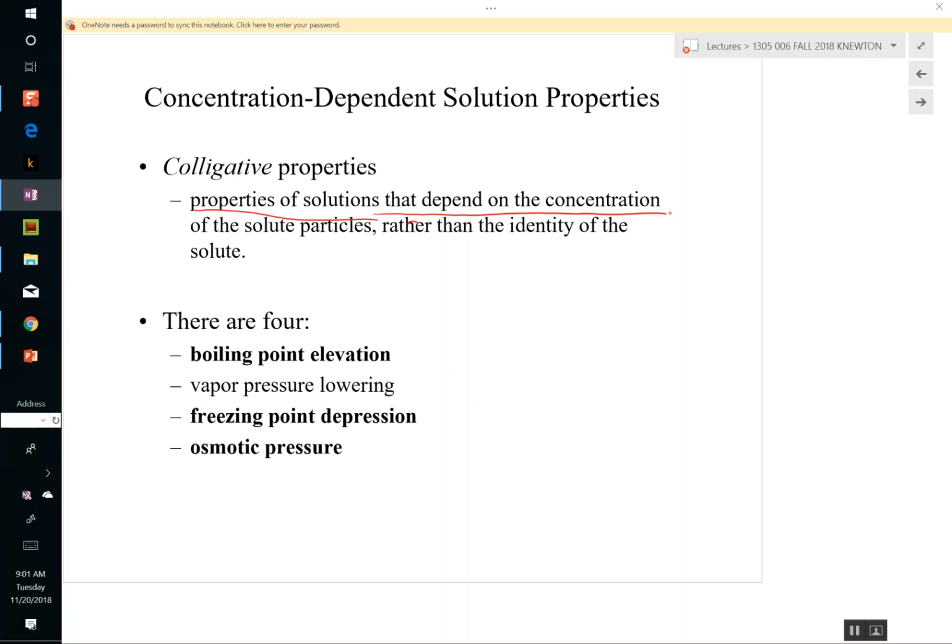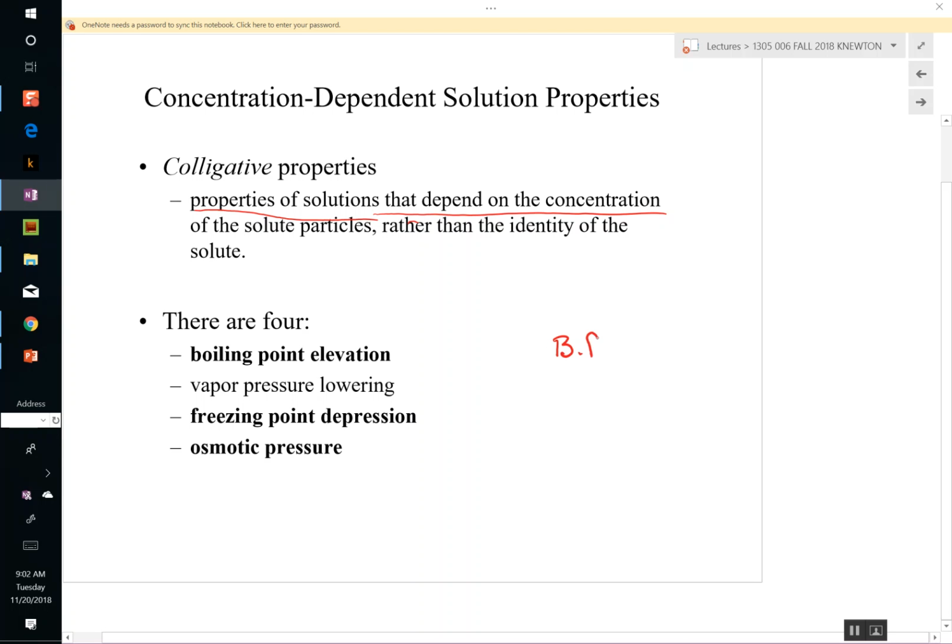So colligative properties don't care whether we're talking about sodium chloride or potassium chloride or sodium bicarbonate or whatever, just the number of particles floating around in the solution. They affect certain properties, like boiling point.